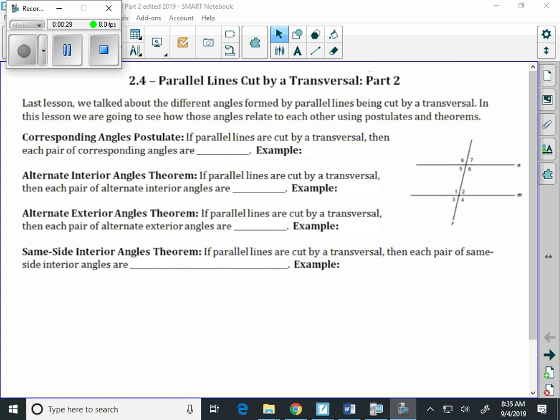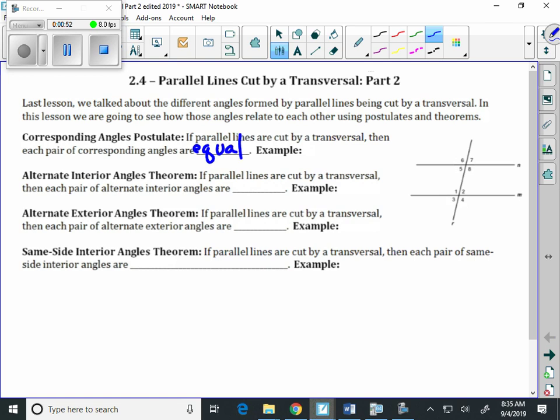And the first one, the corresponding angles. Remember, corresponding angles are in the same place with regard to the parallel lines and the transversal. So it says if parallel lines are cut by a transversal, then each pair of corresponding angles are equal.